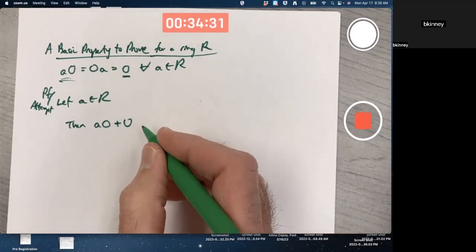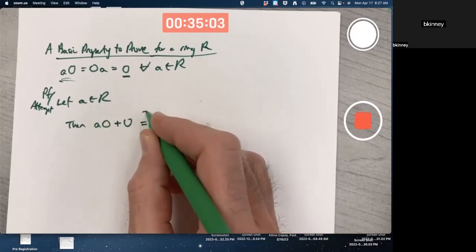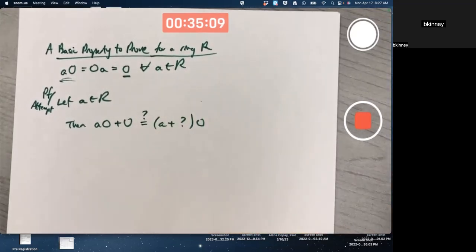A times 0 plus 0. What is it equal to? You want to say it equals 0. That's the goal. Does it? It's a ring, not necessarily with unity. I'm wanting to maybe use the distributive property here, but what do I factor out? Can I factor out a 0? But if I do, what goes here in place of the question mark?